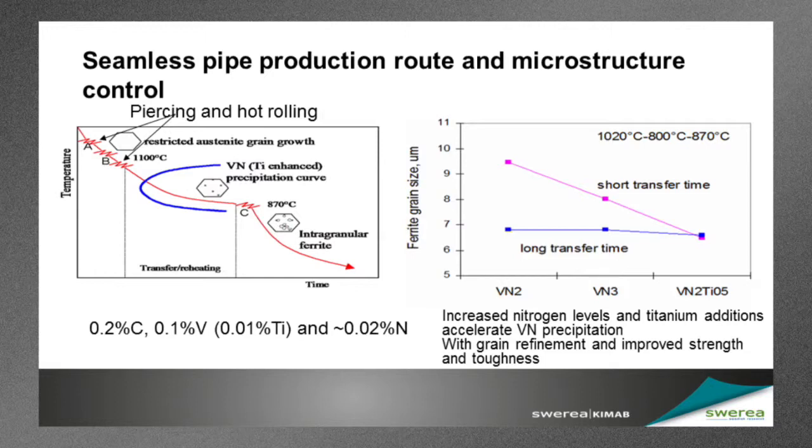And you can see that if the holding time, the transfer time, is short, then there is a steady decrease in the grain size because the titanium particles assist the formation of vanadium nitride. The higher nitrogen content does the same, and so one is working towards a better structure.